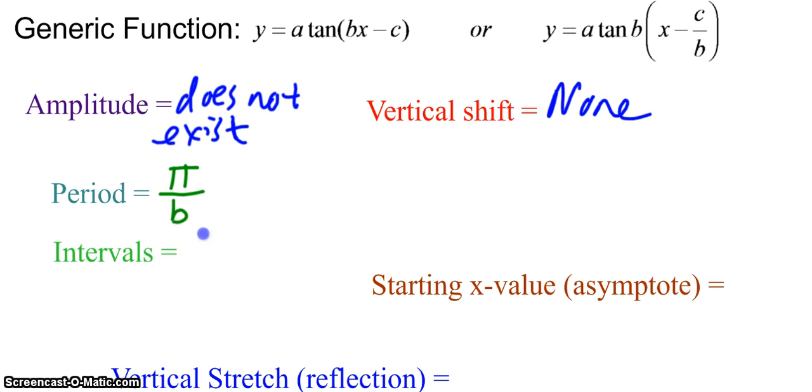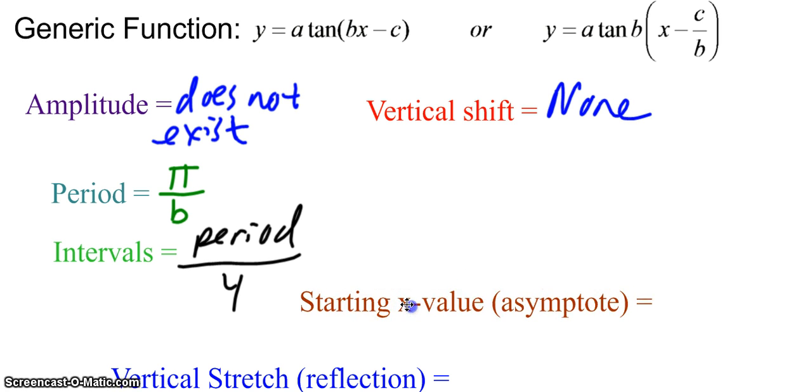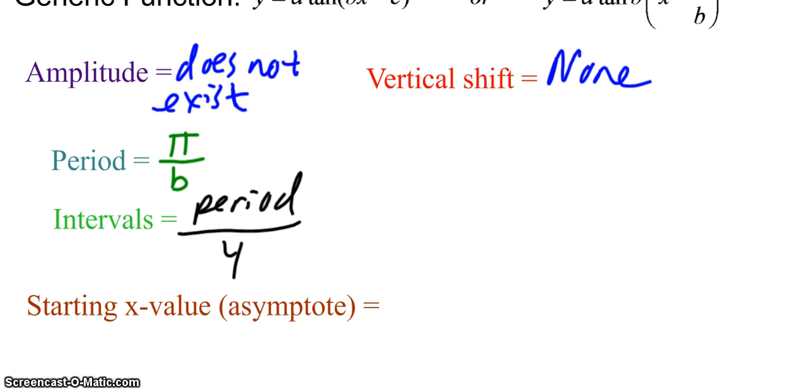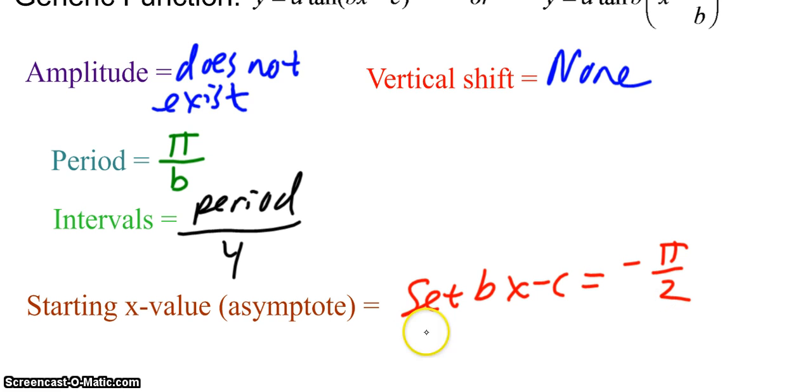The intervals are still the period divided by 4. The starting x value, which is going to be an asymptote. This is different than the horizontal shift. So the starting x value, the first point you're going to plot, you're going to find by set bx minus c equal to negative pi halves, and then solve for x.